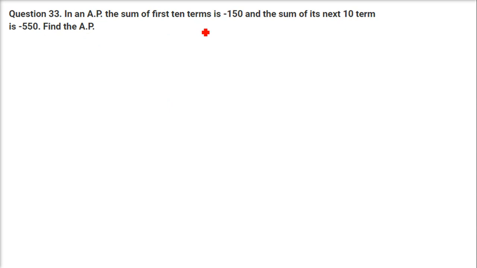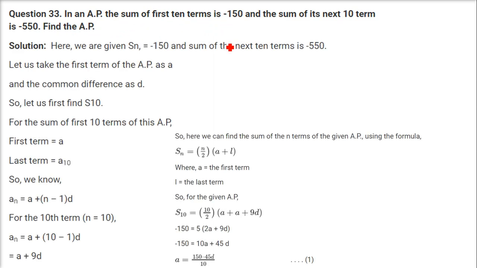In an AP, the sum of first 10 terms is minus 150, and the sum of its next 10 terms is minus 550. Find the AP. So what is given here is the sum of first 10 terms, S10. This we can do by certain methods. We have already seen a method. S10 is given as minus 150. From the 1st to the 10th term, it is minus 150, and from 10 to 20, it is minus 550.